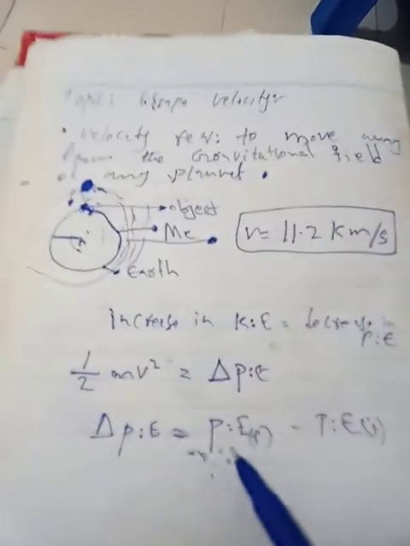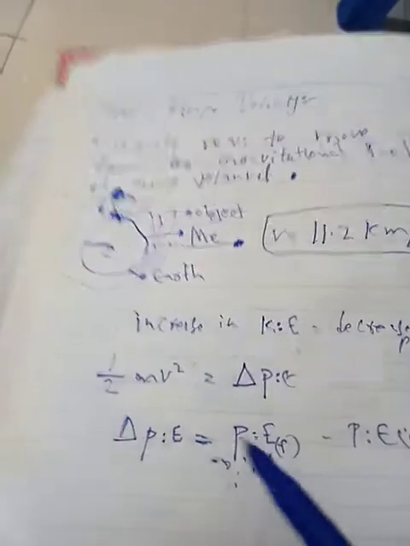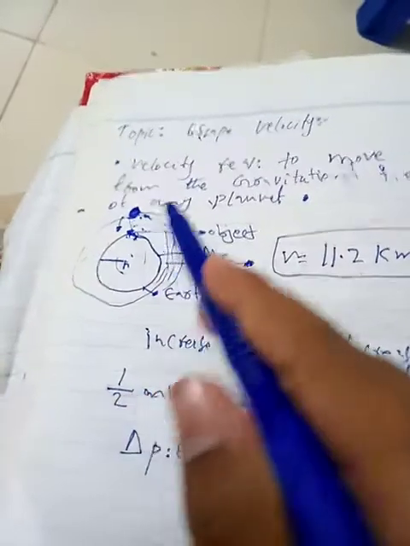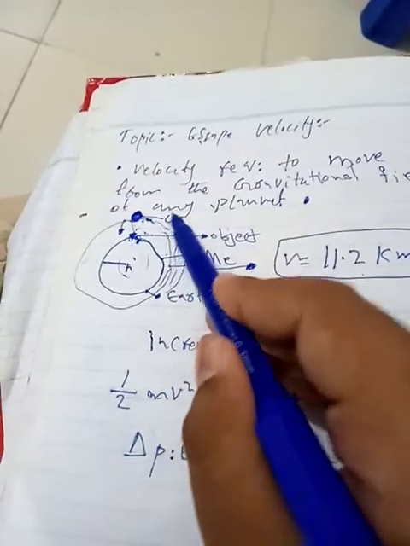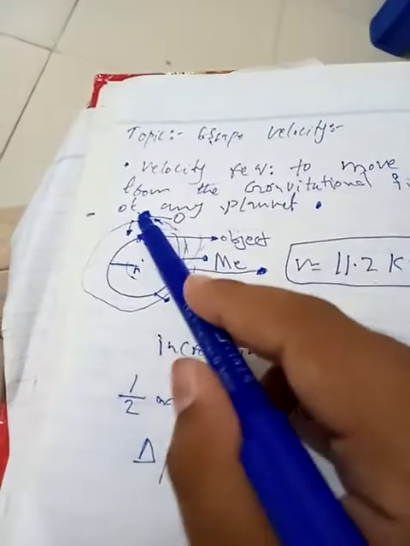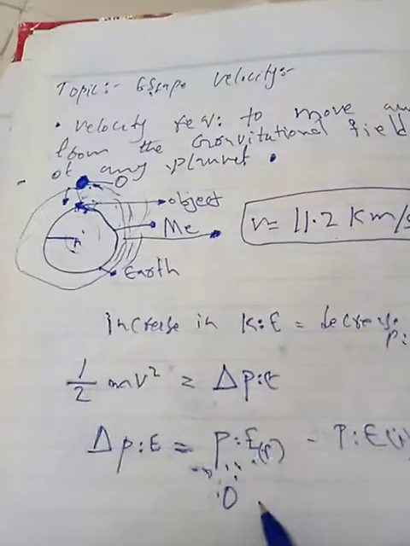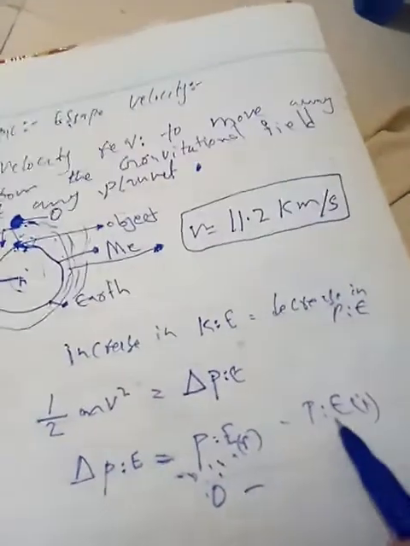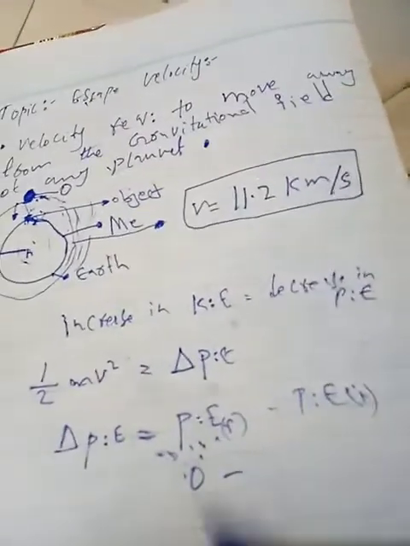So the final potential energy is zero, because it is only revolving because of the gravitational pull. Zero minus the initial potential energy. What was the initial potential energy which we were giving?